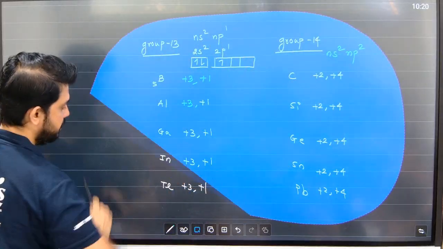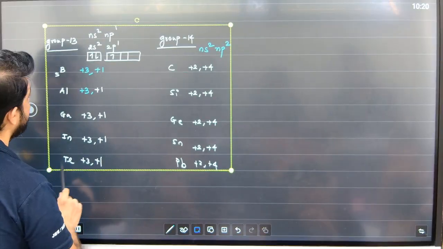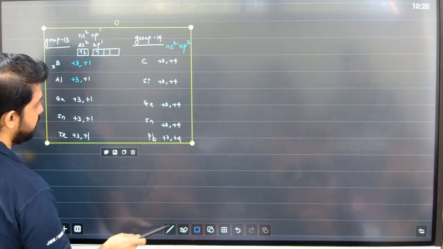Give me the next family. Nitrogen family. Give me the elements of nitrogen family.